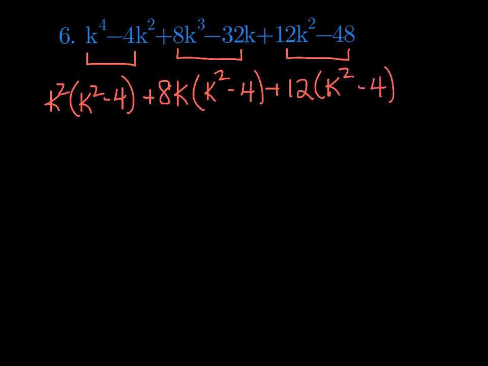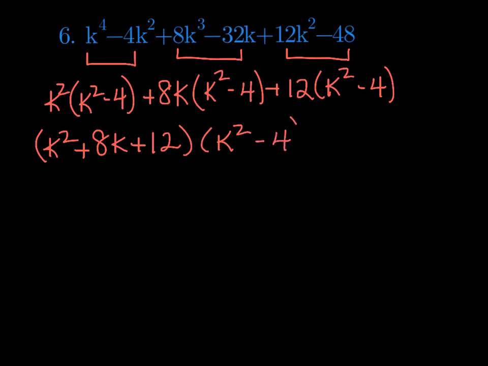Okay, so just to kind of go over this again. So when I see all 3 sets of these parentheses are the same exact thing, then I know that I'm doing pretty good. All right, so let's go back, and all my GCFs, I'm going to take those and put them together in one set of parentheses, and then my common binomial is going to go in the other set of parentheses.